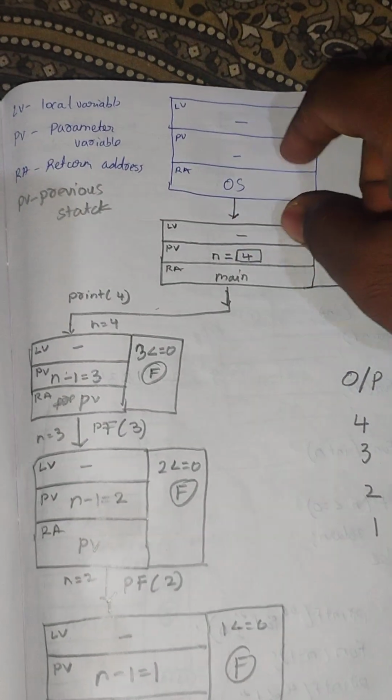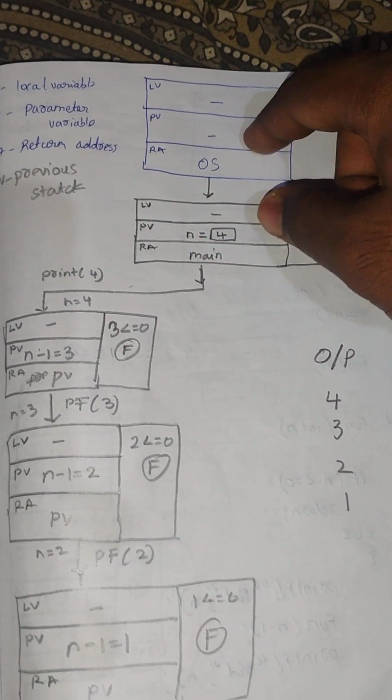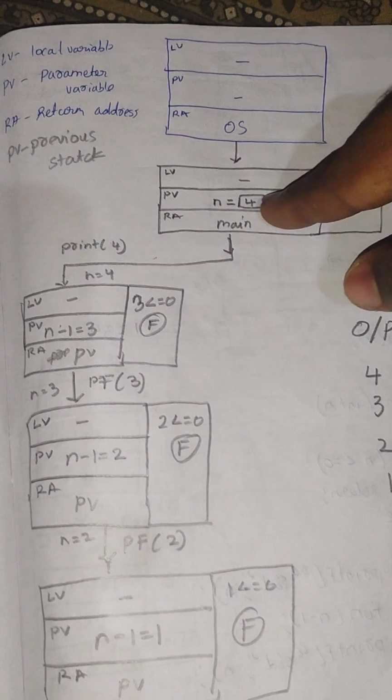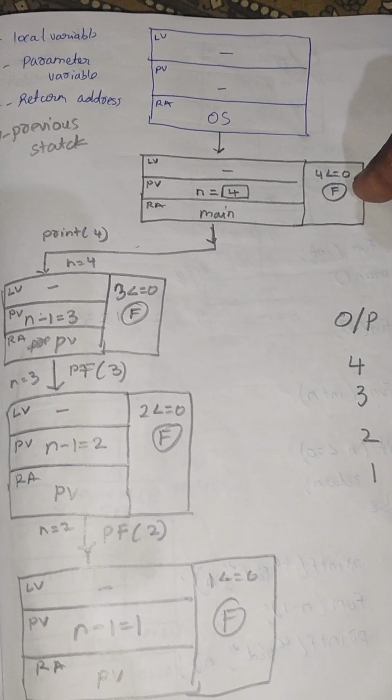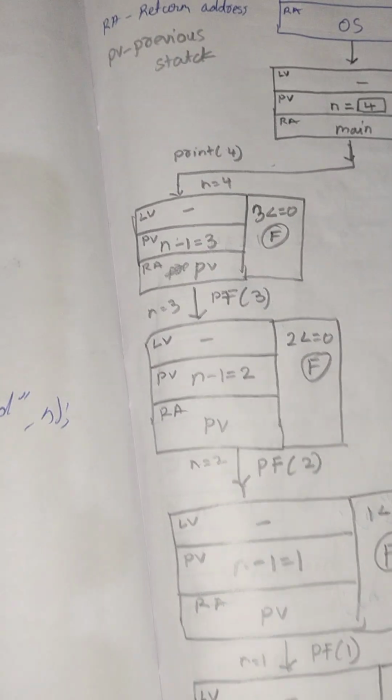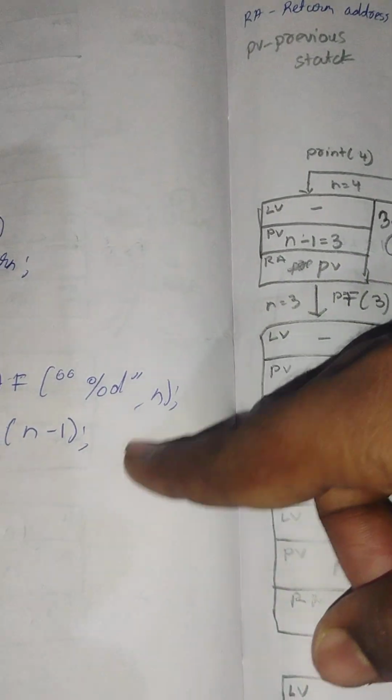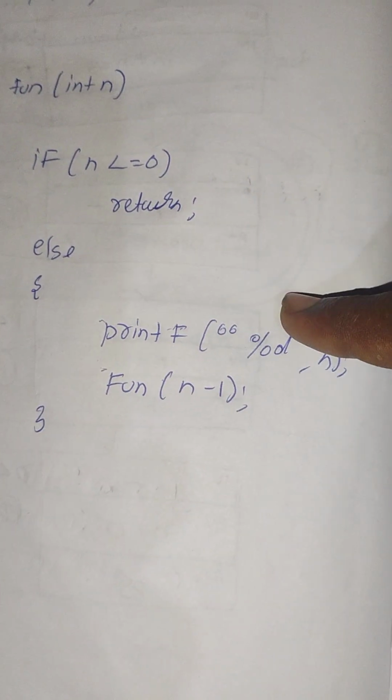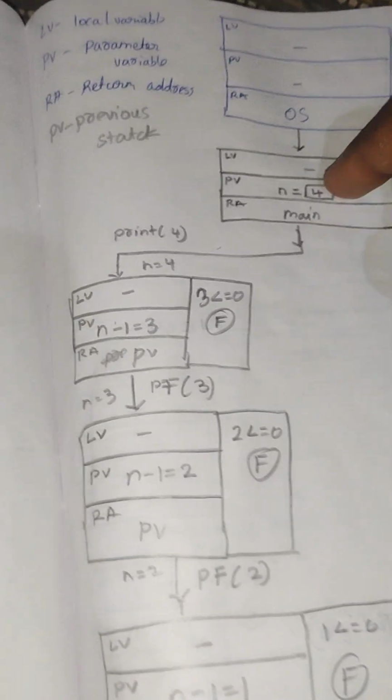Here the main function stack is created, and then we are calling the function. So n is assigned, the condition is checked, and the condition returns false. But before calling the function, what do we need to do? We need to print 4.